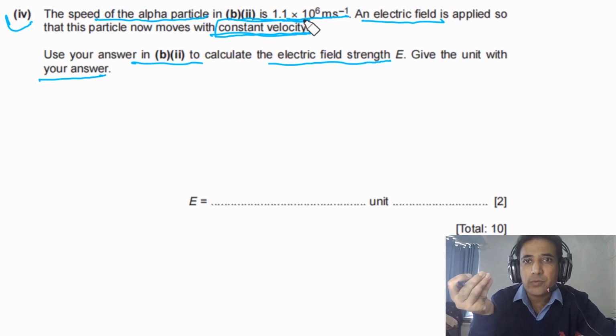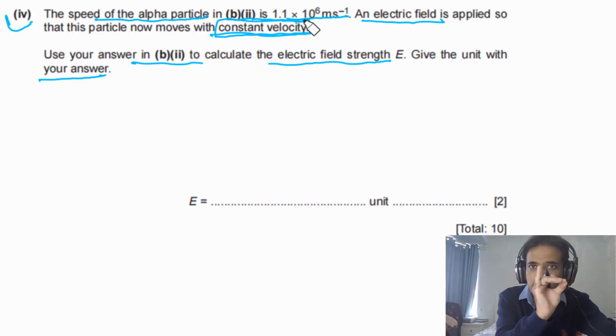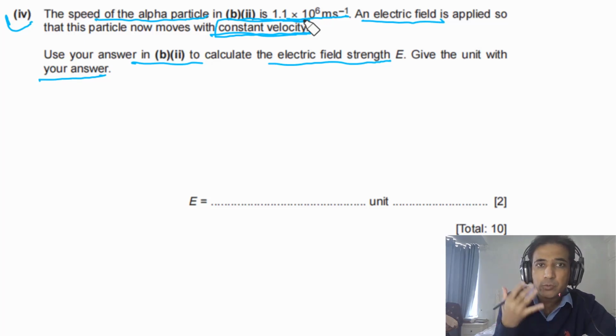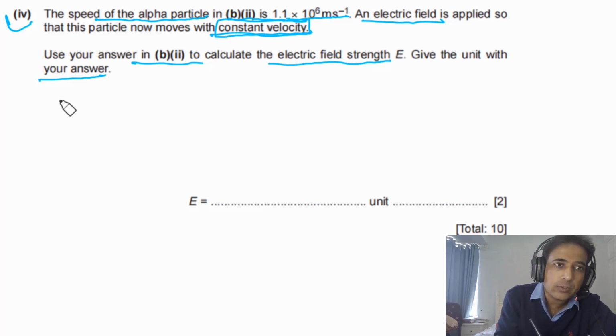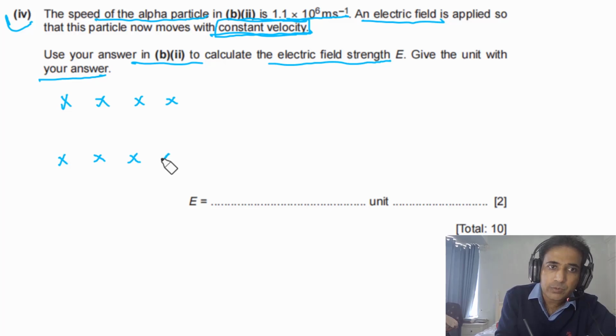So what is the meaning of constant velocity? It means the direction of motion is constant and the magnitude of velocity is also constant, meaning speed is also constant. So what kind of motion can we expect? If velocity is constant, the particle is just moving in a straight line. So first of all, just imagine that we have a magnetic field, representing magnetic field into the page.